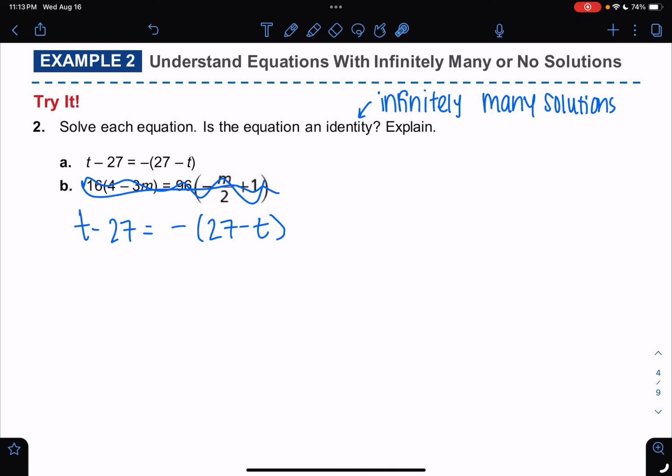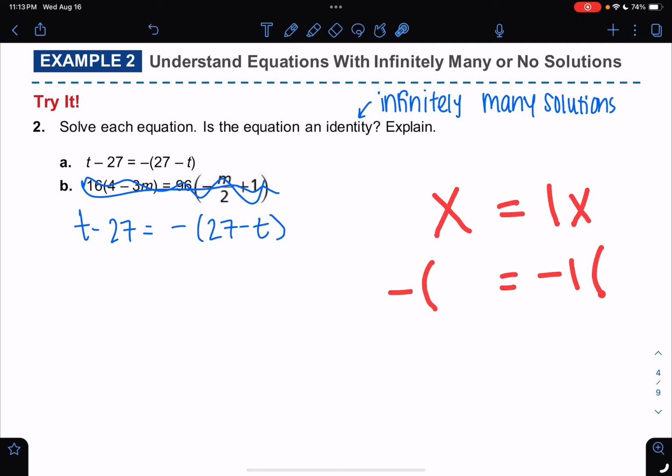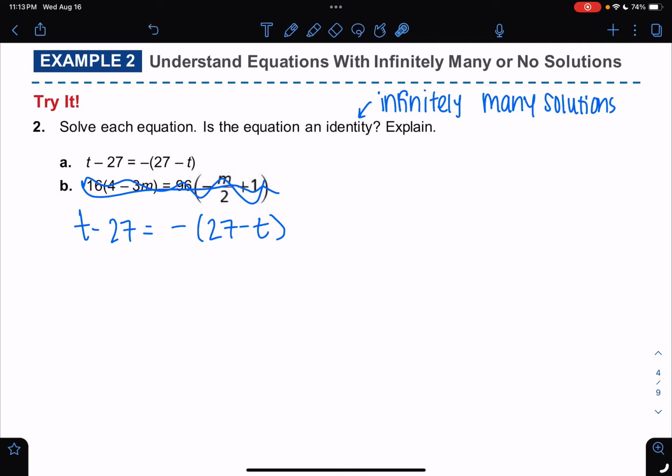Because that's what it always is whenever you have multiplying and you can't actually see anything. So if I have an x, I know that x is actually equal to 1x, right? So if I've got a negative parentheses, it's actually equal to a -1 times whatever's in the parentheses, okay?